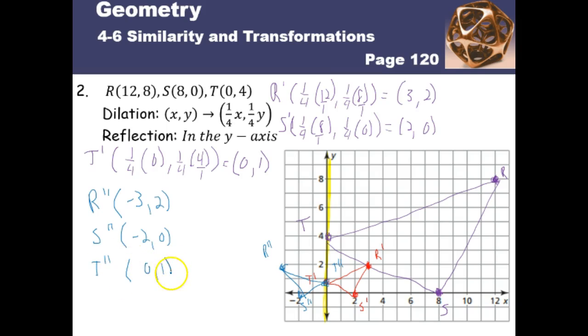And again, if I'm reflecting over the y-axis, the rule is the x value changes sign. So R prime, instead of being positive 3, 2, should be negative 3, 2. And S prime, instead of being positive 2, 0, should be negative 2, 0. And then T, when I change the sign of 0, I still get 0, so T double prime is 0, 1. Okay? That's using point manipulation.